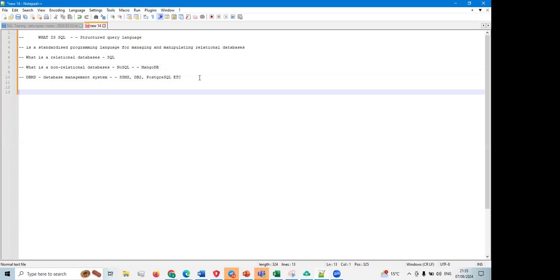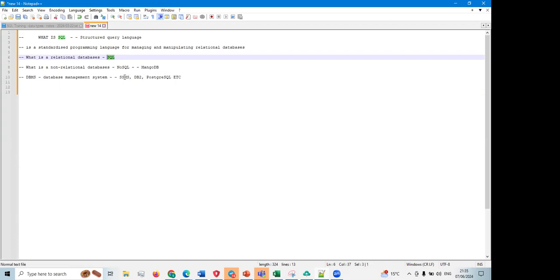So let's look at SQL. These are just the various things that we'll come across as we go. We will delve into some of these as we go along. The two main things we would actually be looking at here are SQL and SQL Server Management Studio.